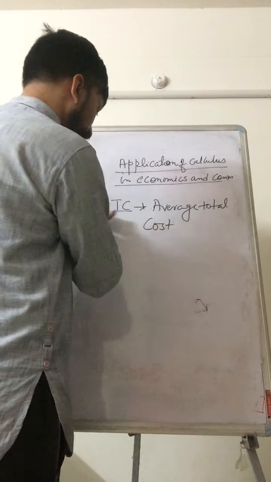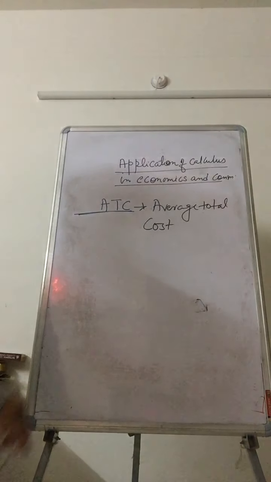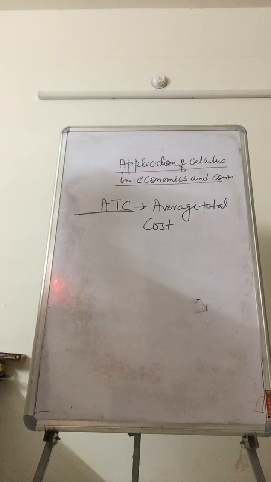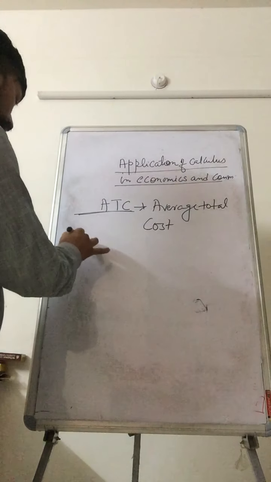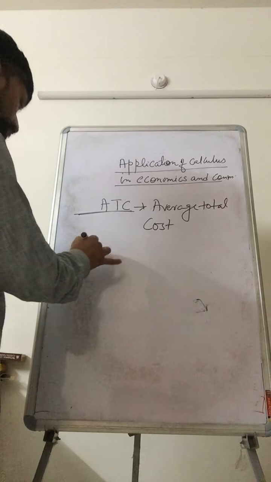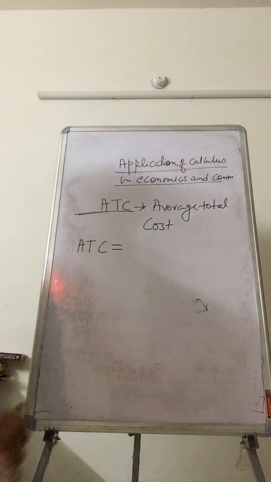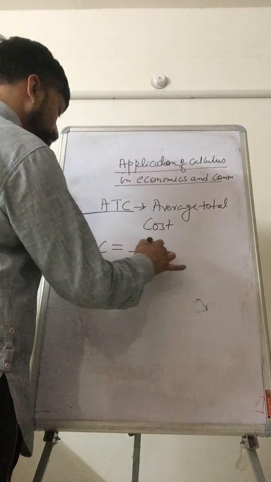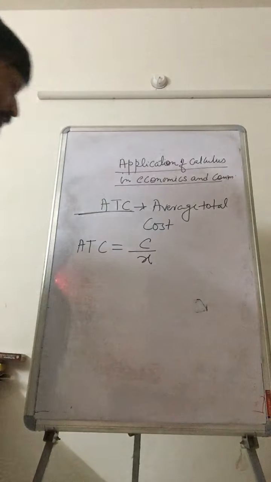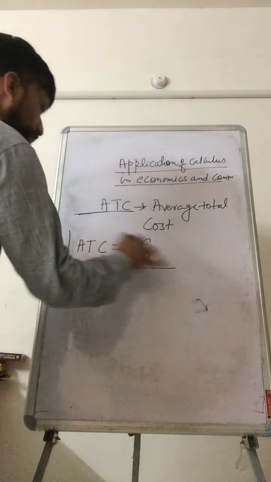We represent it with capital letters ATC. And what is this? Average total cost is always equal to total cost divided by the number of articles. So this is another important equation.